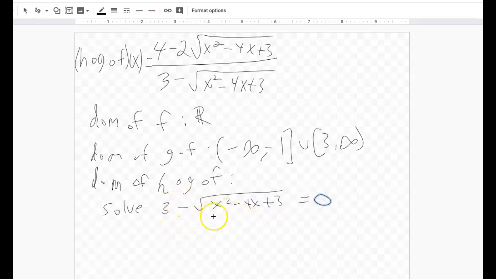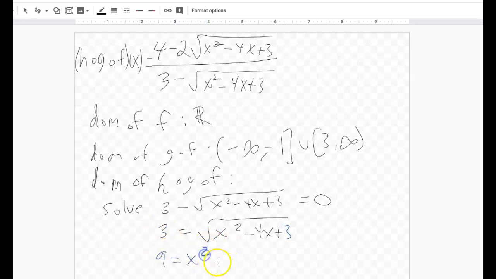Again, to solve this, we have a radical equation, and we'll want to isolate the radical. I'm going to go ahead and add the square root of x squared minus 4x plus 3 to both sides. We'll have this. To get rid of the radical, we square both sides.